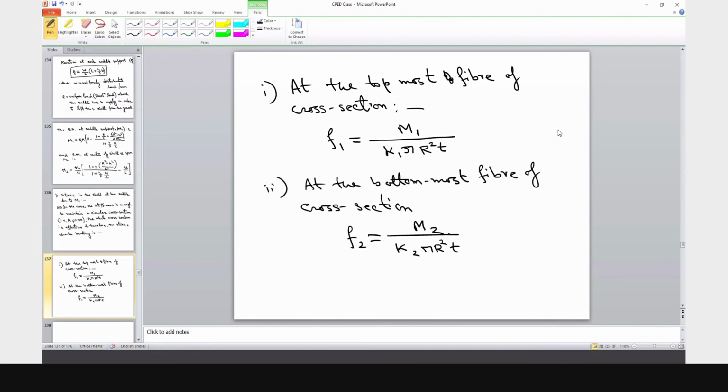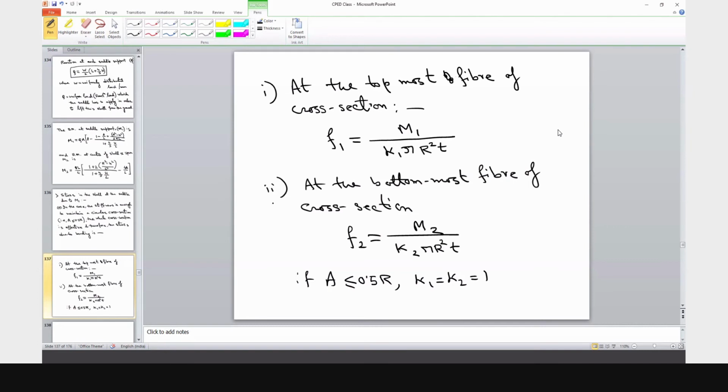K1 equal to K2 equal to 1 if A is less than or equal to 0.5 of R, we can consider.